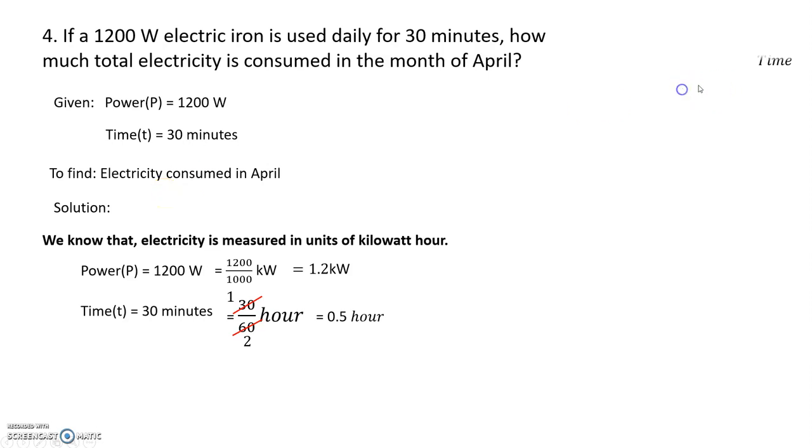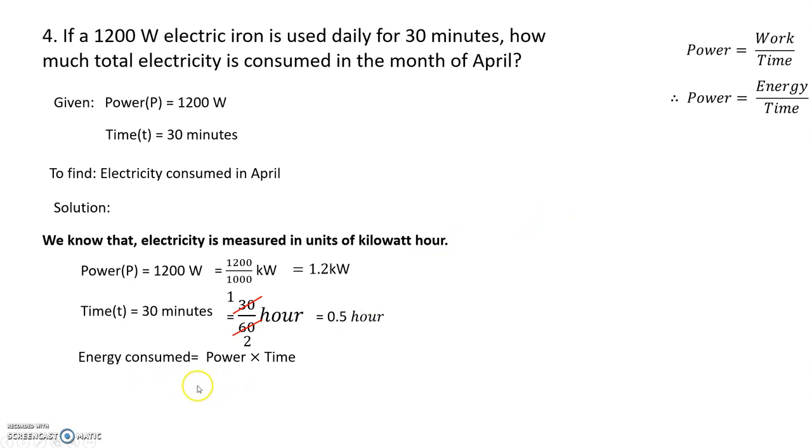So you have learned the formula, power is equal to work upon time. Energy is the capacity to do work. So power is equal to energy upon time. Cross multiply, energy is equal to power into time. So now let's use these values of power and time. When you multiply it, you will get it as 0.6 kilowatt hour.